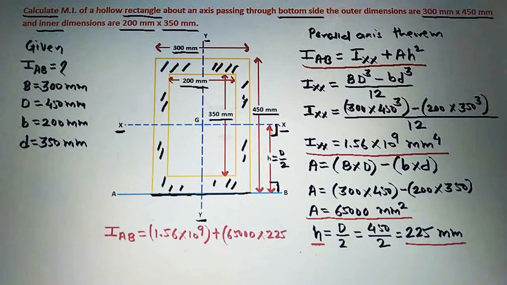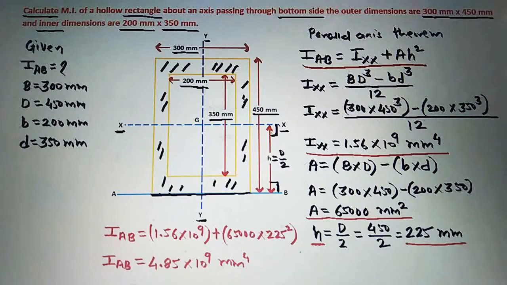It is 225, and we have to take square of that h. And if we calculate this 1.56 into 10 raised to 9 plus 65,000 into 225 square, then we will get the answer of moment of inertia along this AB axis as IAB is equal to 4.85 into 10 raised to 9, and the unit will be mm raised to 4.